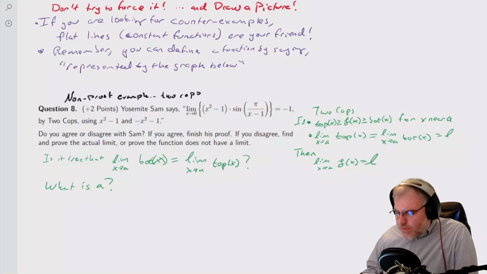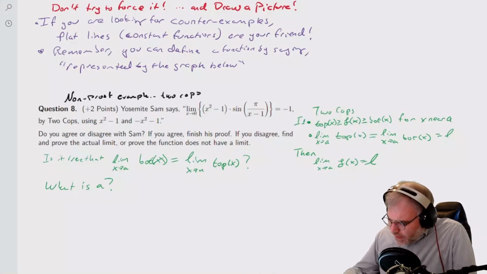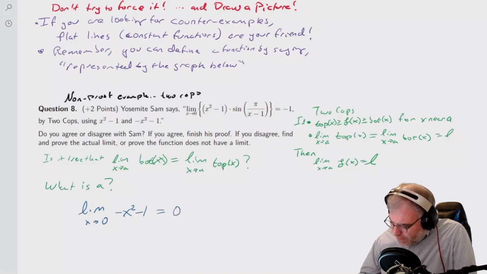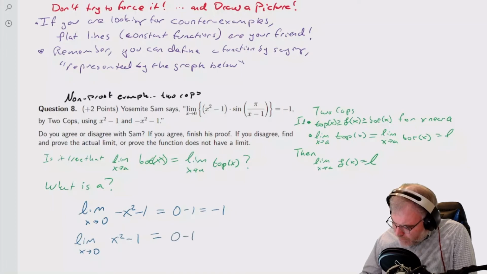What is a? Well, a is 0. So here, the limit as x goes to 0 of bot, I assume he wants that as bot, of negative x squared minus 1, equals 0 minus 1 equals -1. The limit as x goes to 0 of x squared minus 1 equals 0 minus 1 equals -1.